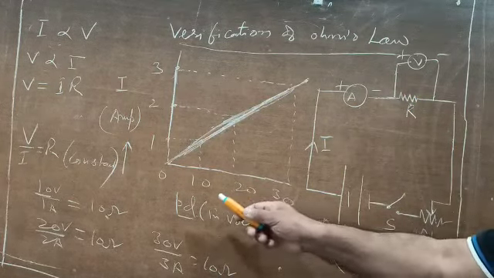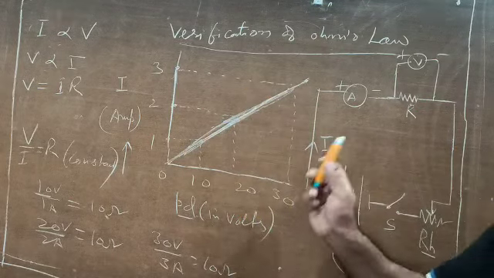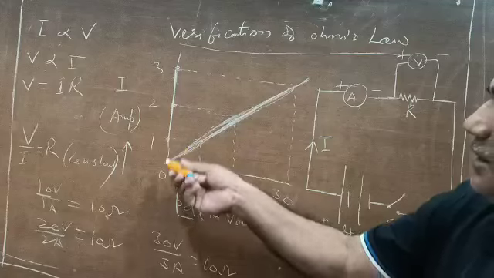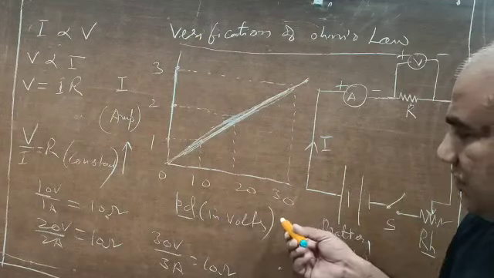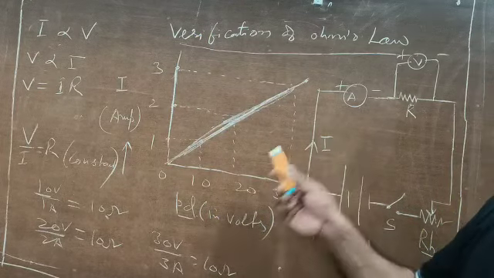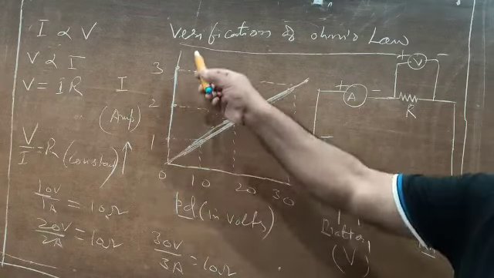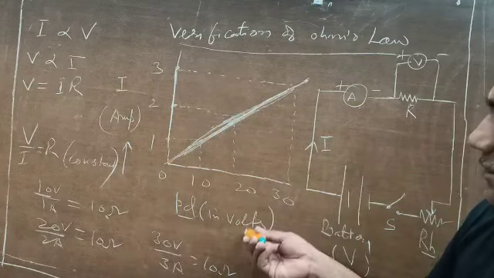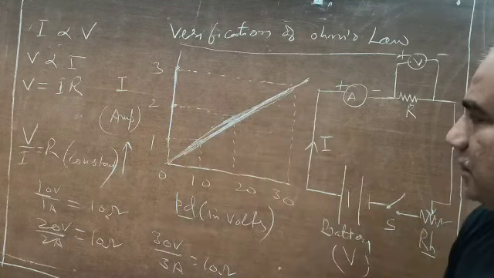Now if these values 0, 10, 20, 30 volts and 0, 1, 2, 3 amperes are used to draw a graph, with current on the y-axis in amperes and potential difference on the x-axis in volts, the values I have suggested are kept simple so that a simple calculation can be made. When this current and potential difference graph is taken, you see that it is a straight line passing through origin.